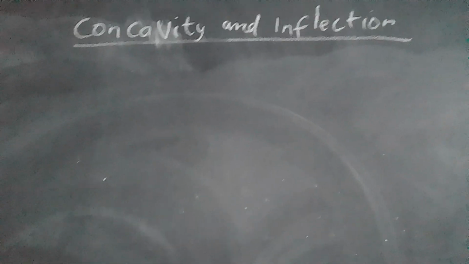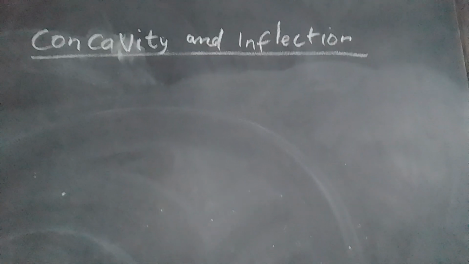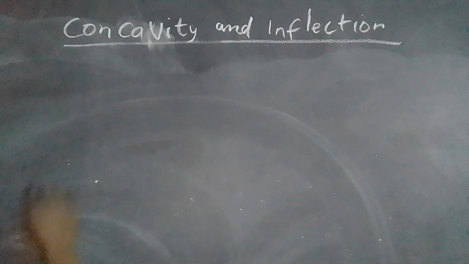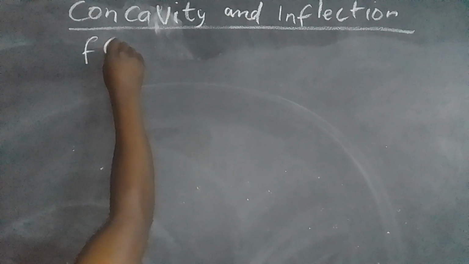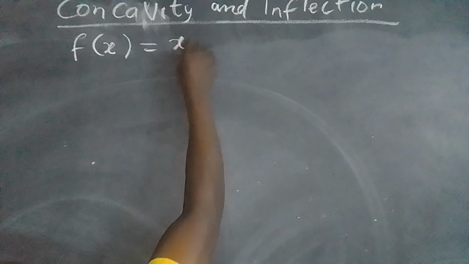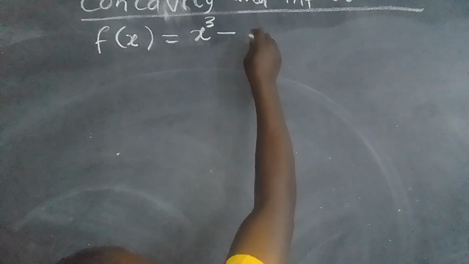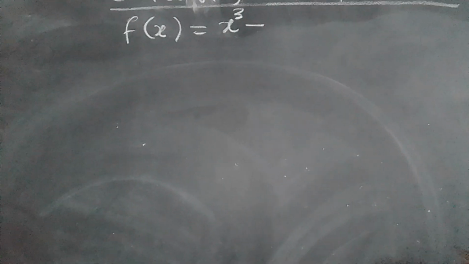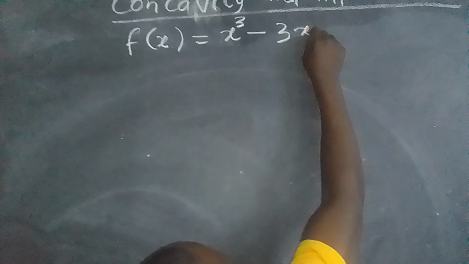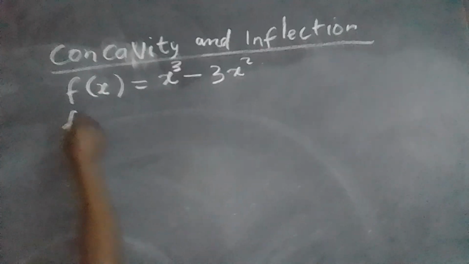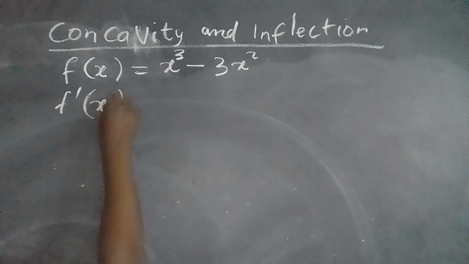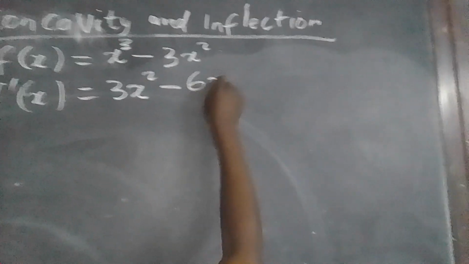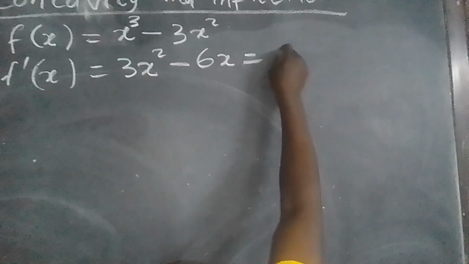Right? We are going to use the second derivative to find the concavity and the inflection. We take the first derivative. Our f at x first was x cubed minus 3x squared. We find the first derivative. It was 3x squared minus 6x is equal to 0.